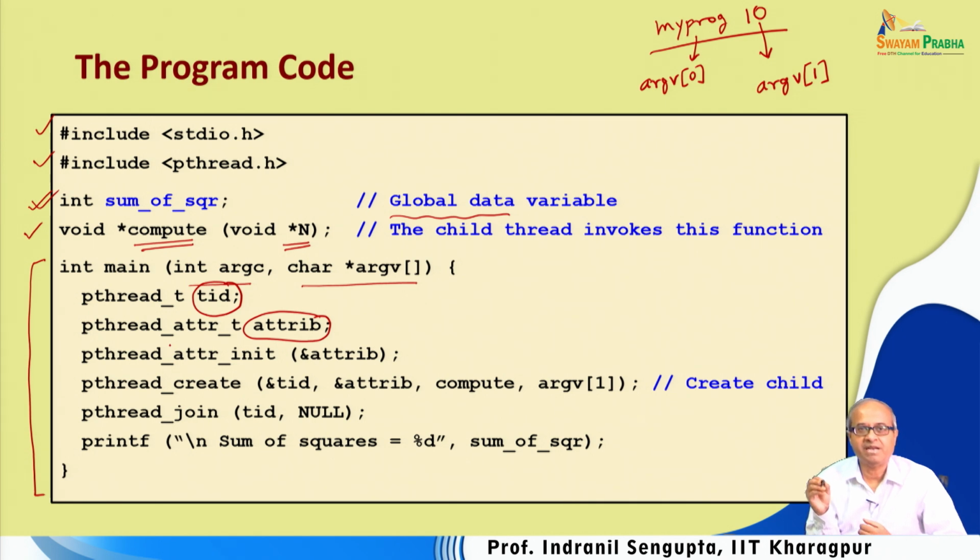Now, we initialize the attribute. We make a call to the function pthread_attr_init, and we pass the address of attr as a parameter. So, it gets initialized, and the initialized value of the attribute also gets stored in attr, that structure. Attr is actually a structure. Then we can create a new thread by making a call to pthread_create.